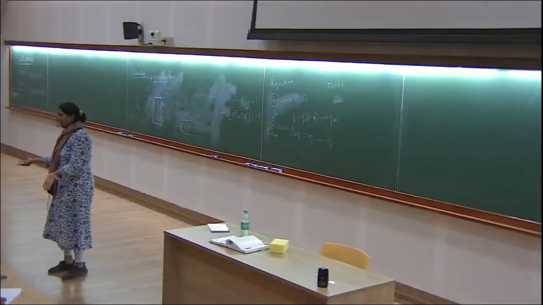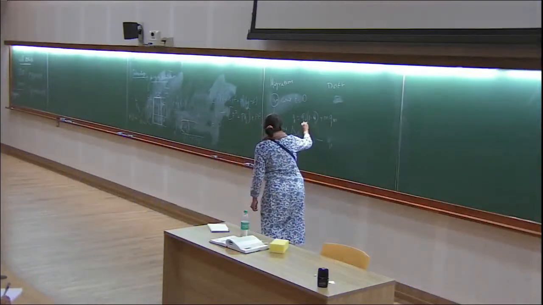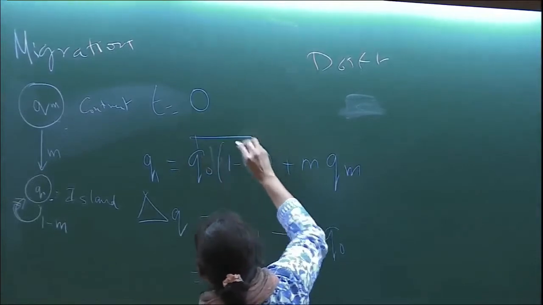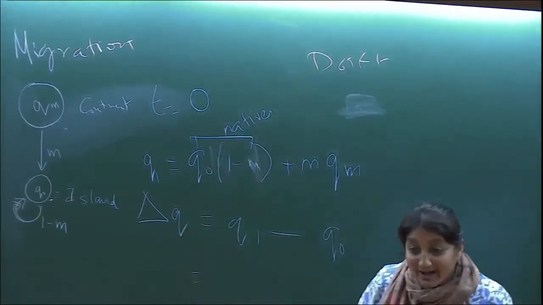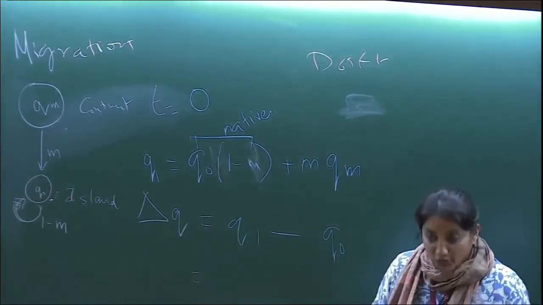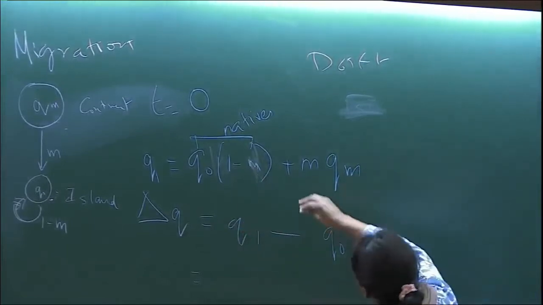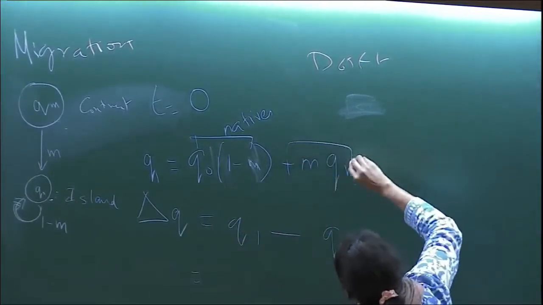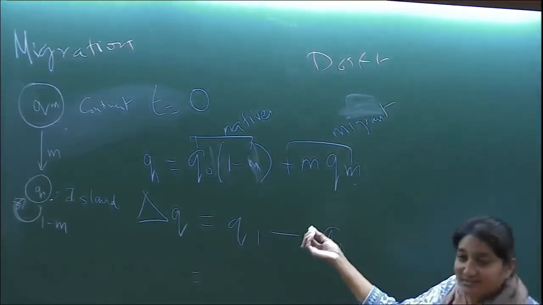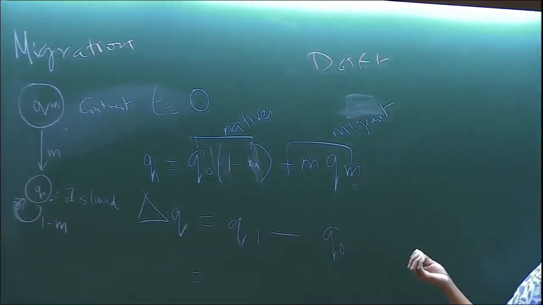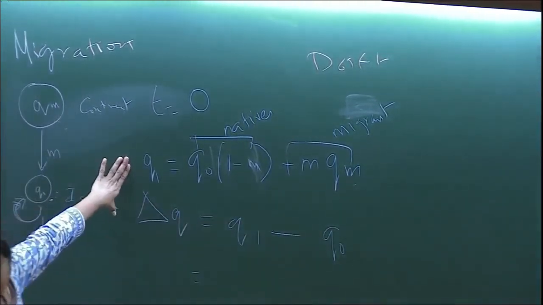So Q naught into 1 minus M, these are the natives, and M QM, these are the migrants. It's just a weighted sum, and that is Q1.